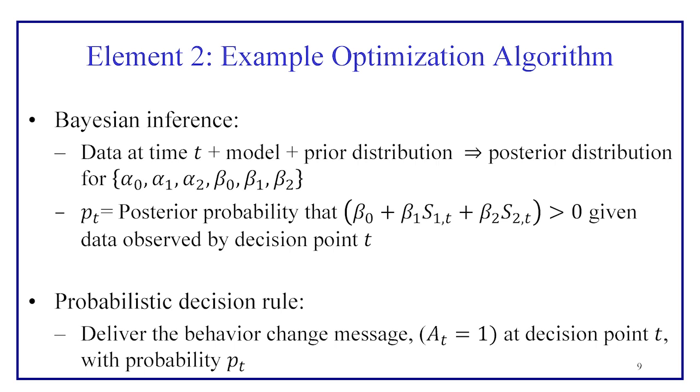What's delivering is actually the smartphone or the smart device or Siri. It delivers the behavior change message with that probability. So if the evidence is really accumulating that it's worthwhile to send that message, the posterior probability is going to be high. So with high probability, the message will be sent. If the evidence is not in favor, then with very low probability.